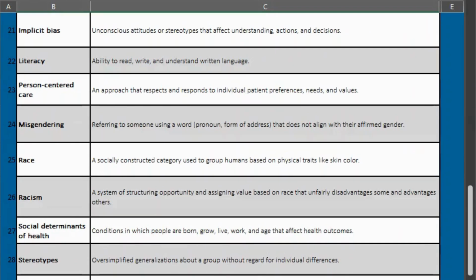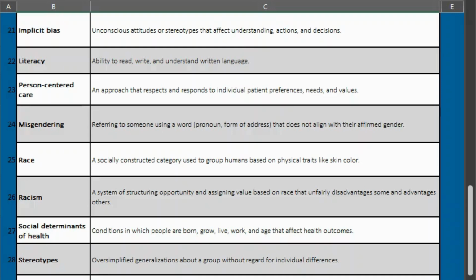Implicit bias: using a standardized pain scale reduces implicit bias in analgesic dosing.